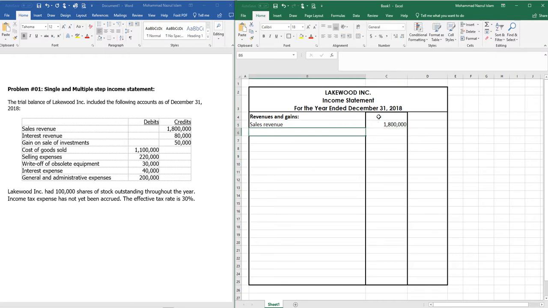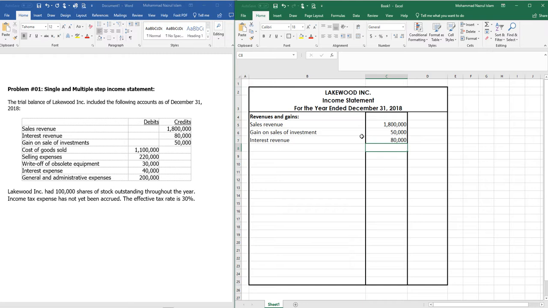Then we have gain on sale of investments, which is 50,000. Sorry, I first said 1,100,000 and then 80,000, but it is 50,000. The 80,000 is interest revenue, so interest revenue is 80,000.